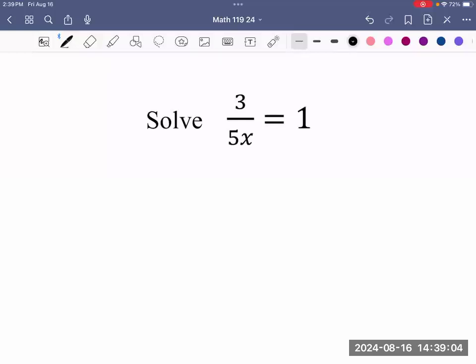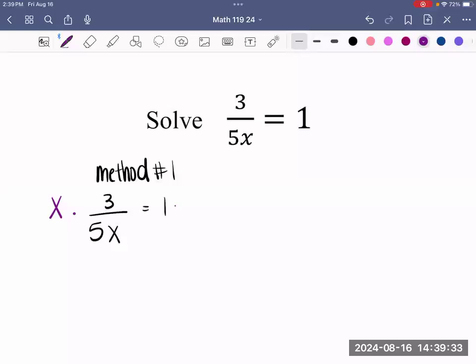Now solving, we can do this many, many different ways. So one method you could have chosen, if we're trying to solve, is to get your variable out of the denominator. One way you can do it is by multiplying by your x, right?